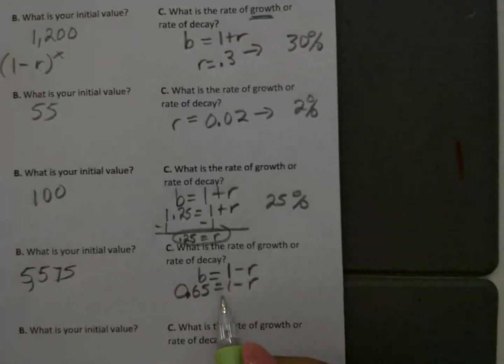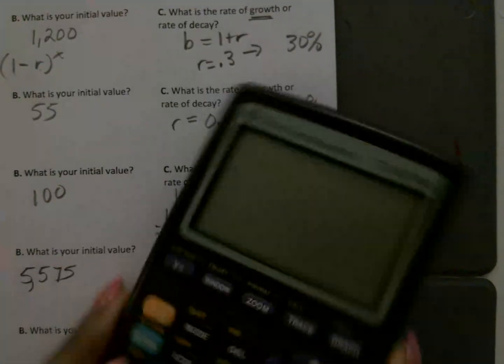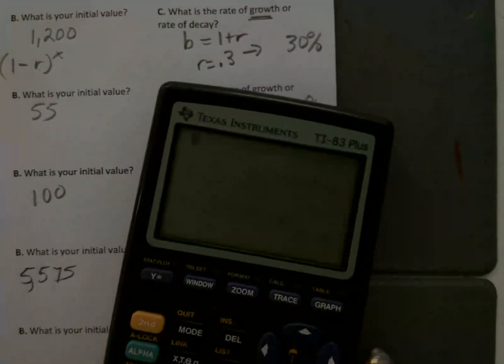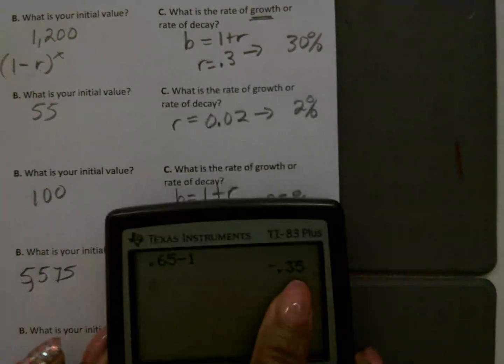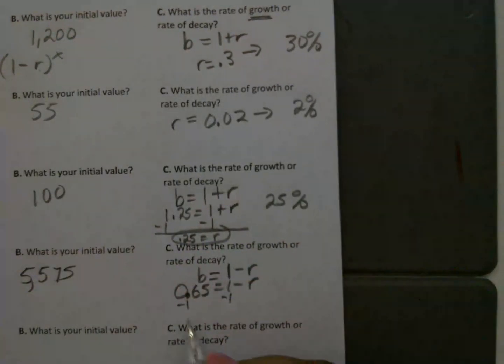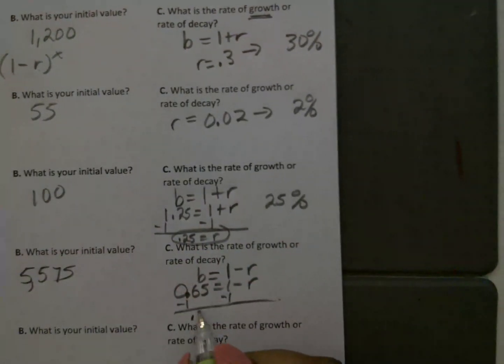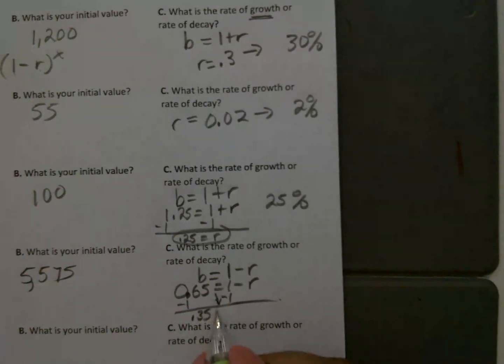So we're going to solve for R by subtracting 1 on both sides. Look at that. So you got 65 hundredths minus 1. So that's going to be a negative. You see it? All right. So this is a negative 35 hundredths.